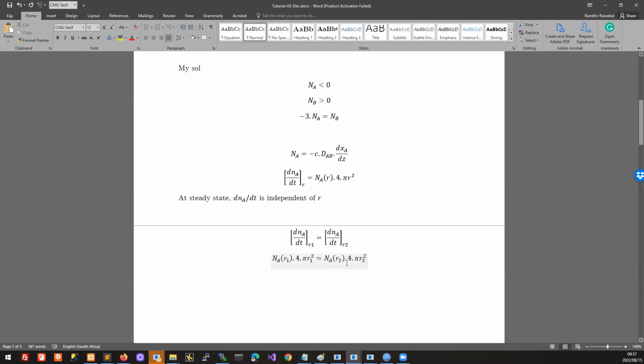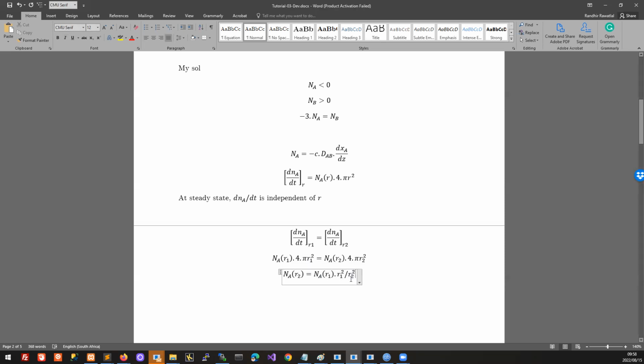So looking at this relationship, we can see here that NA at R2 equals NA at R1 times, and the 4 pi's can cancel on both sides, R1 squared over R2 squared.